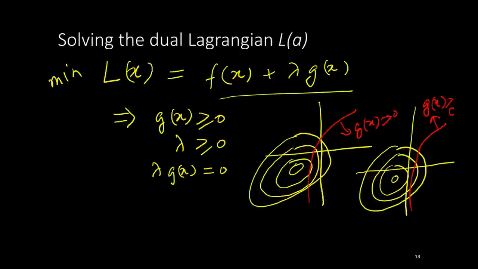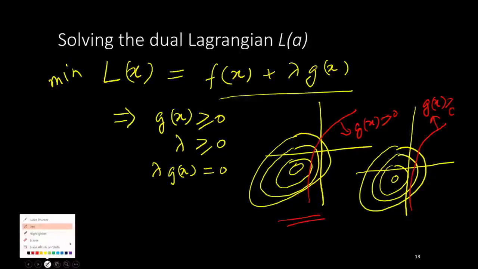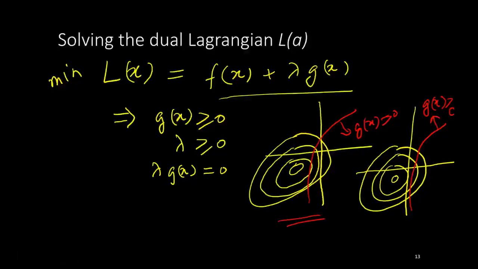Now if you look at the first case, which we already looked at, the ideal solution will be tangential to g(x) equal to 0. On that ideal solution, the gradient direction of f(x) and the gradient direction of g(x) are going to be 180 degrees opposite of each other, and because of that they will cancel out.